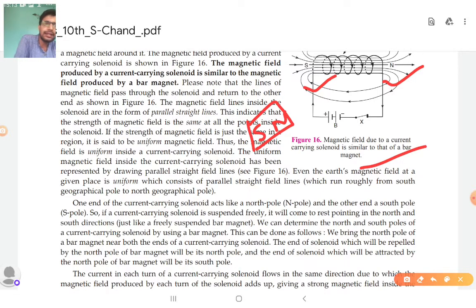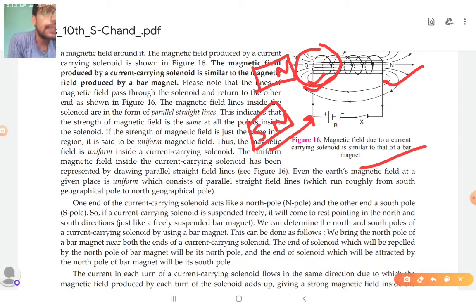I think you are understanding what I am saying. Suppose I am bringing this bar magnet to here, like this. We don't know at first what type of pole it is. I am bringing the north pole of this bar magnet towards this side.